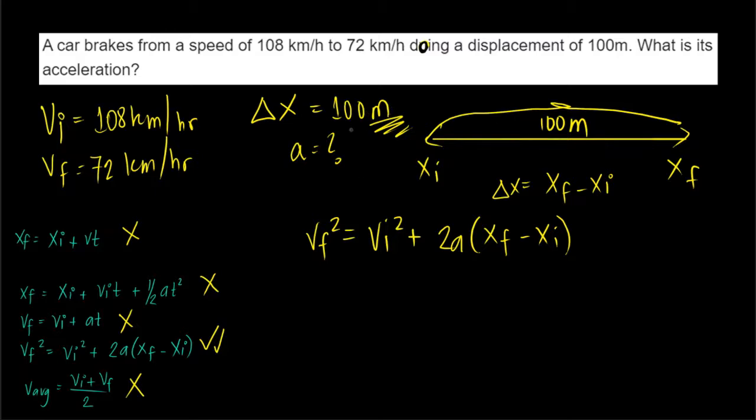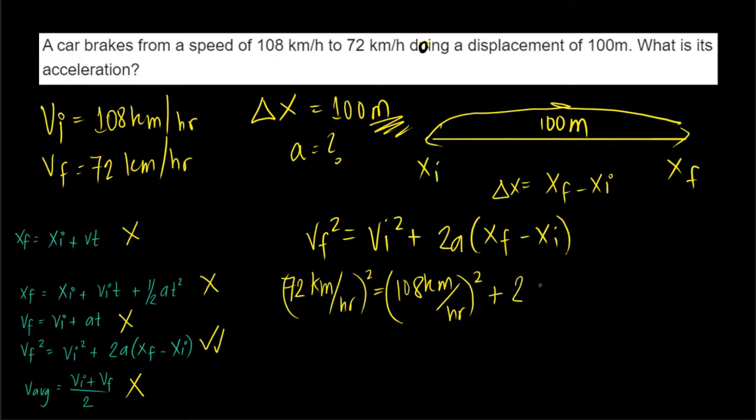So, our Vf is going to be 72 kilometers per hour squared equals our Vi, 108 kilometers per hour squared, plus 2a, and then our xf minus xi is just 0.1 kilometers.